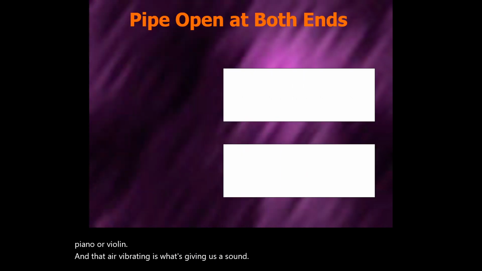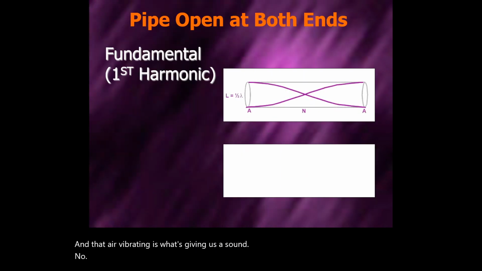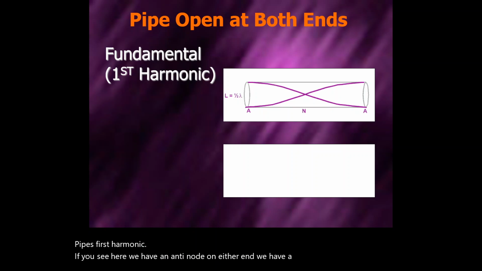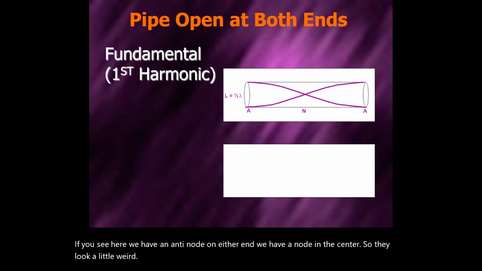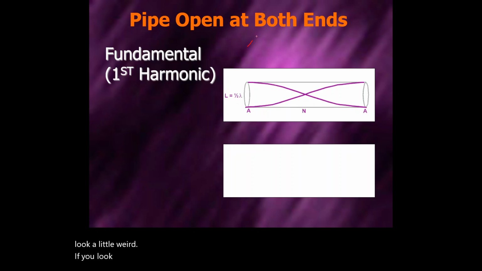Now, pipes, first harmonic. If you see here, we have an antinode on either end and a node in the center, so they look a little weird. If you look at a full wave, it's starting here, ending here.